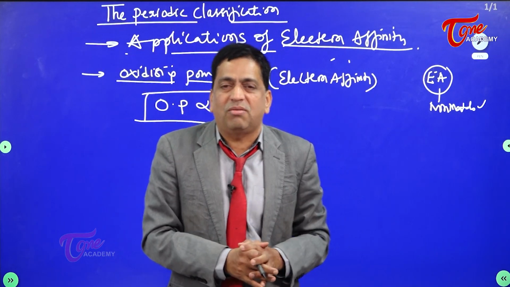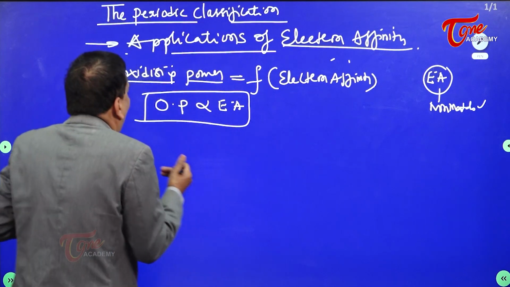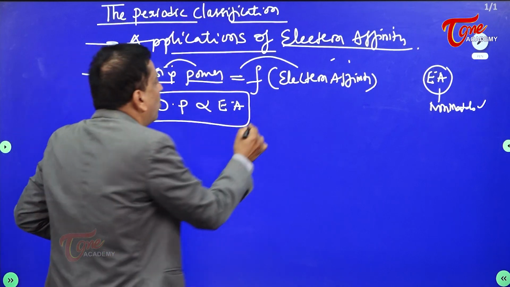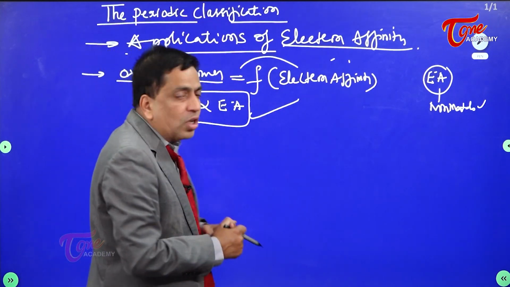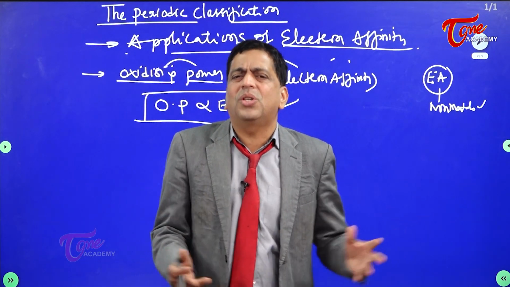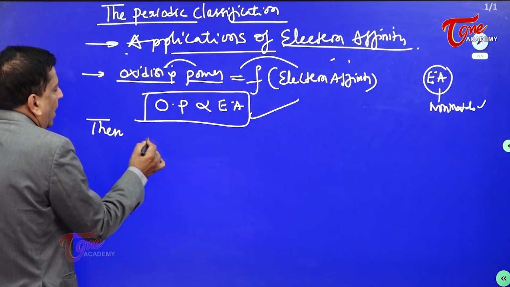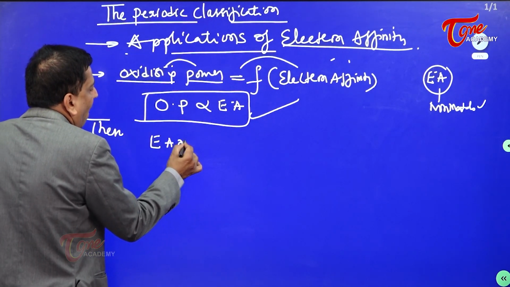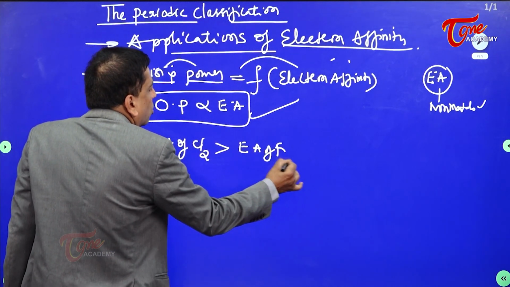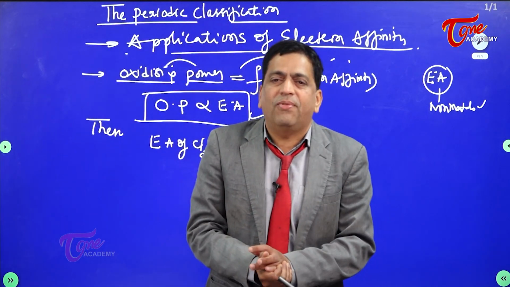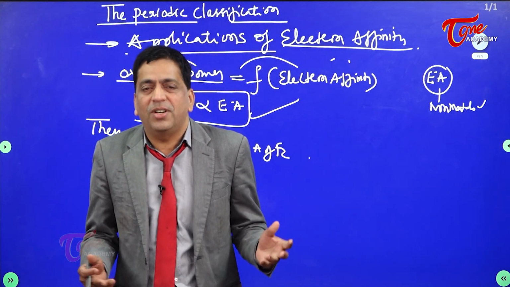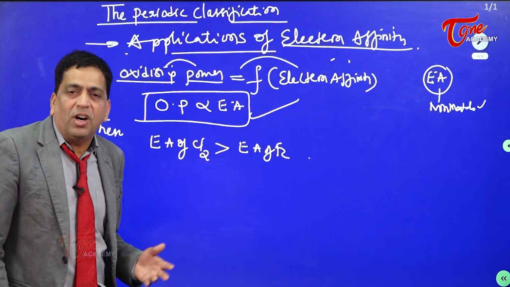If this is the case, then oxidizing power is a function of electron affinity. In fact, a direct relation exists between oxidizing power and electron affinity. Now, obviously the electron affinity of chlorine is the highest in the periodic table, and if I compare chlorine with fluorine, the electron affinity of chlorine must be greater than the electron affinity of fluorine.